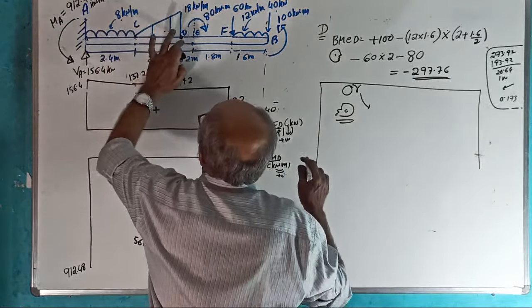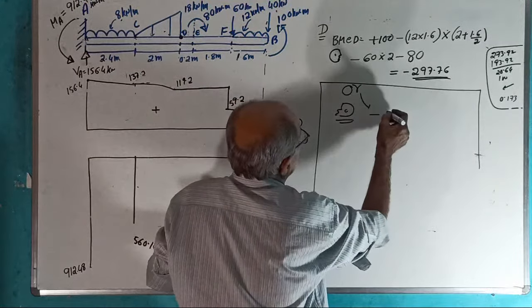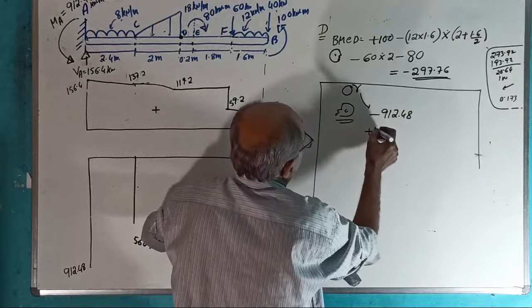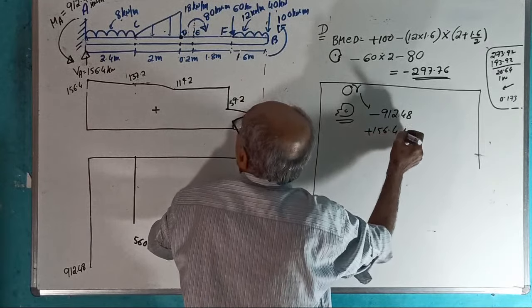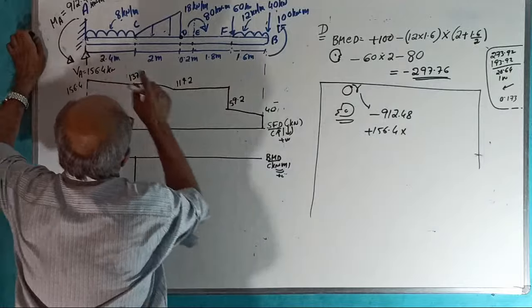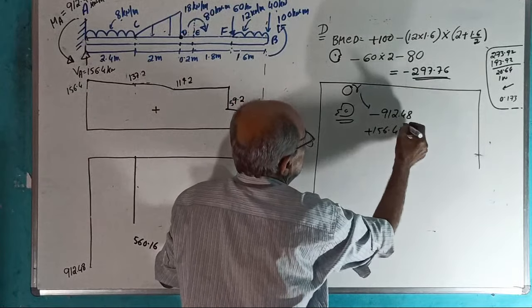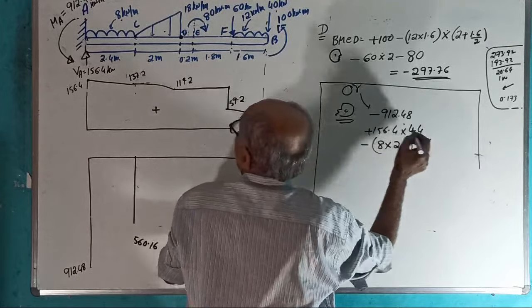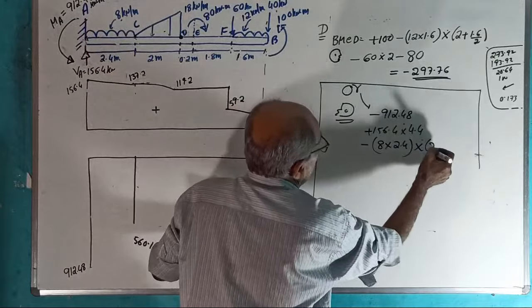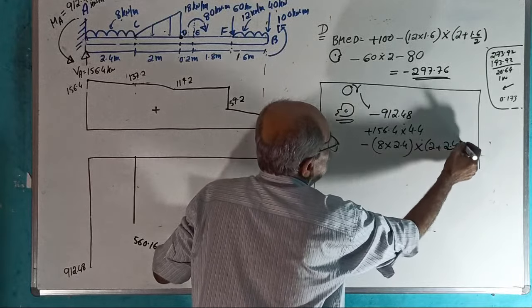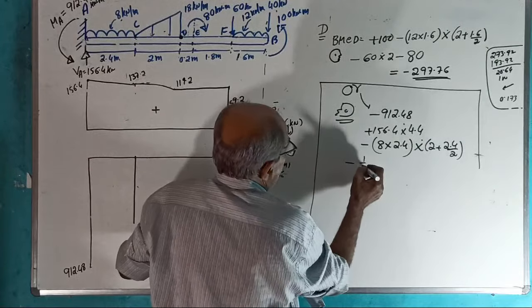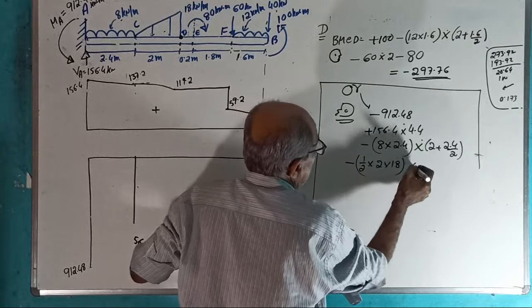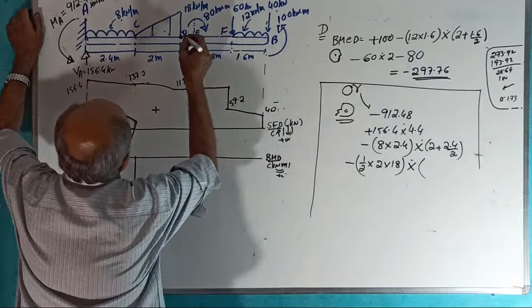Start. Look this side. Minus 912.48 plus 156.4 into, here it was needed, 2.4, minus 8 into 2.4, that is the load, into 2 plus 2.4 by 2 plus 2.4 by 2, minus half into 2 into 18, that is the total load, into... now you want the bending moment here.